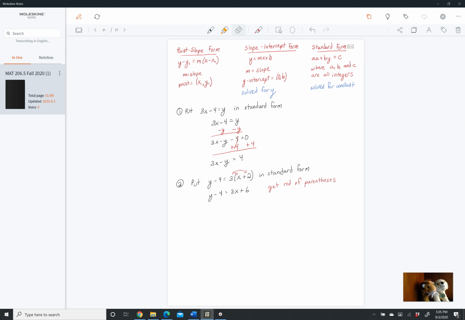Okay, and when we solve for the constant, what we're saying is get the constants on one side and the variables on the other.